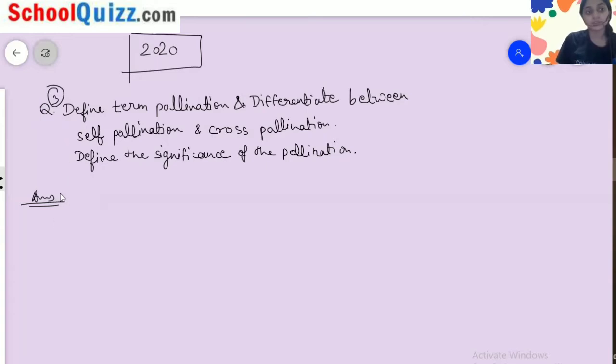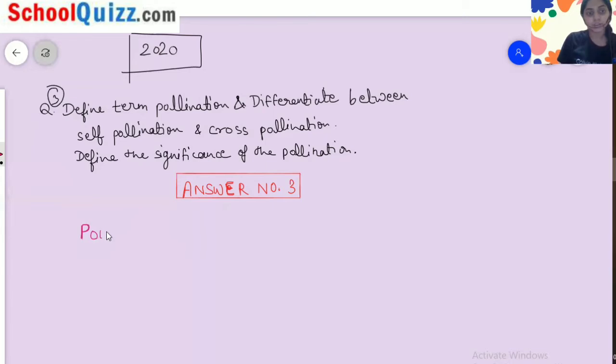You will write in capital letters, "Answer number 3", from the center in the copy. Then for defining the term pollination, you will just do the heading part.